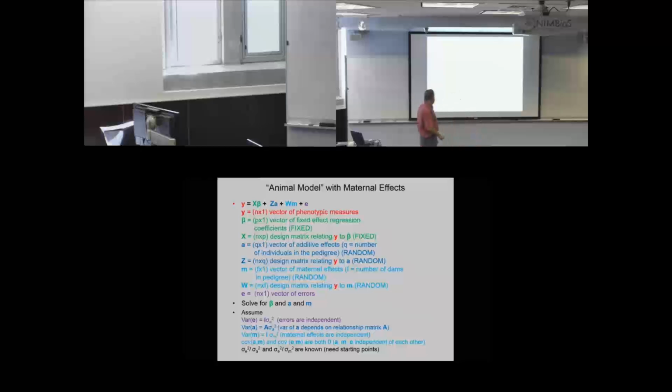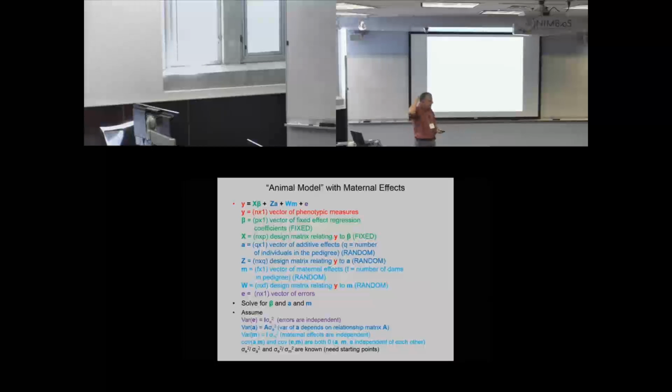In that circumstance, then, the variance of M is going to be A times sigma squared M. It's going to depend on the degree of relationship of individuals in the population. And under those circumstances, you usually do not want to assume that the covariation between A and M is 0. You can actually measure a covariance between the additive effects and the maternal genetic effects.